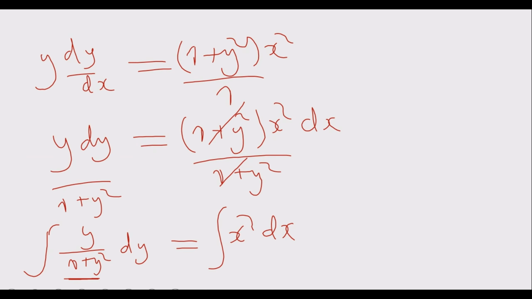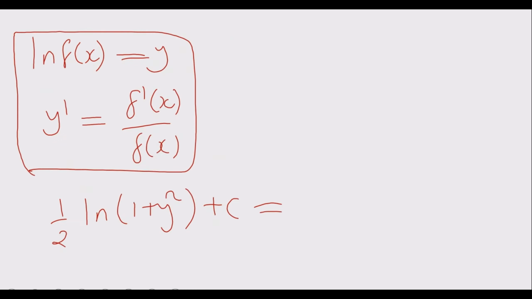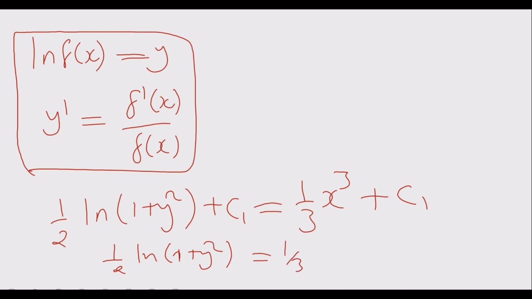Then on the right hand side, integration of x squared gives us 1 over 3 x to the power 3 plus a constant c1. Then we end up with half natural log of 1 plus y squared equals 1 over 3 x to the power 3 plus a constant.